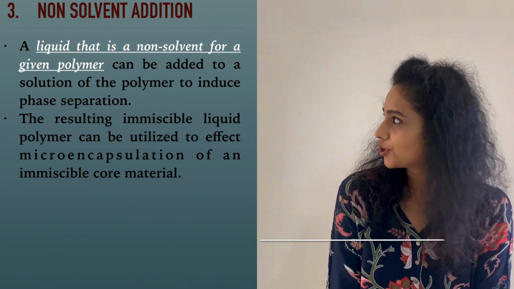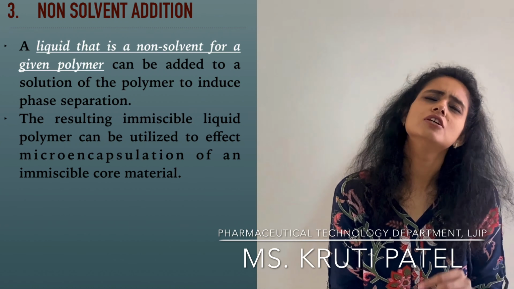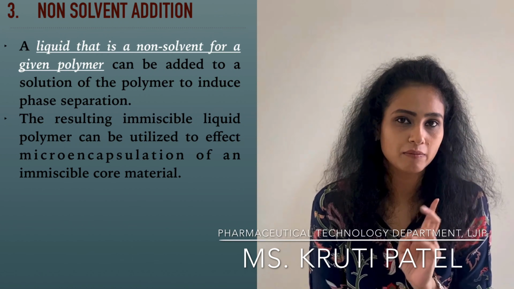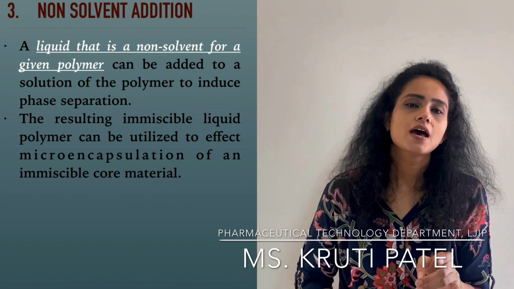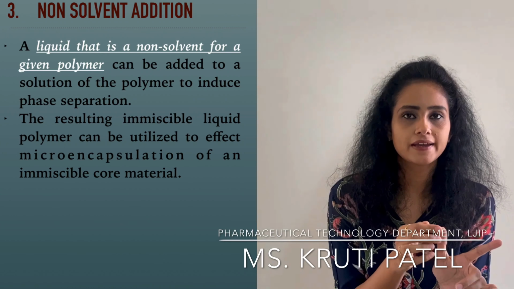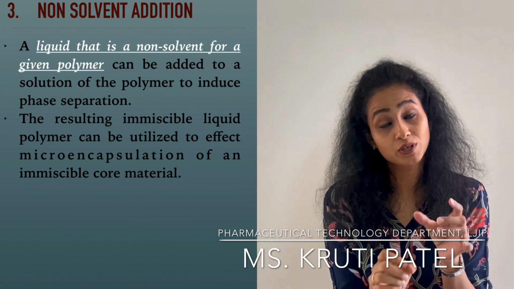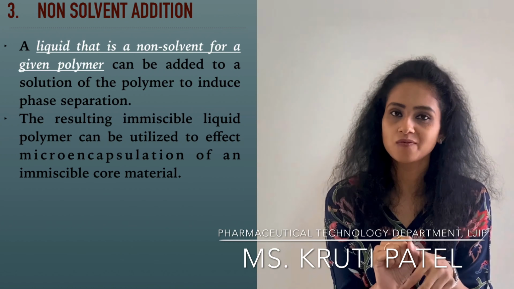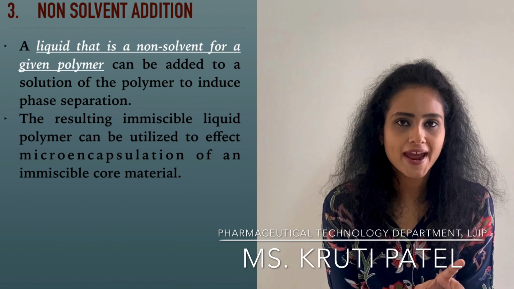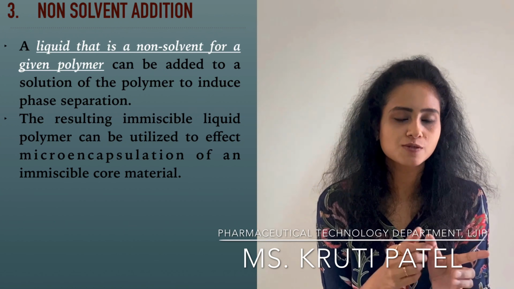Now let's start with the third one. The third one is non-solvent addition. Now this non-solvent addition is kind of similar to the incompatible polymer method. What happens? I have a coating polymer and I have a solvent. I am adding that coating polymer in that solvent, and then I am forming a solution. Now what I have to do is add a solvent which is a non-solvent for this polymer.